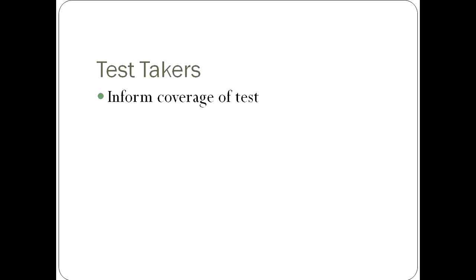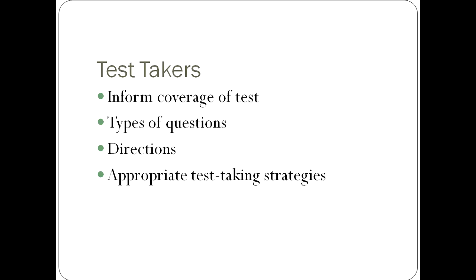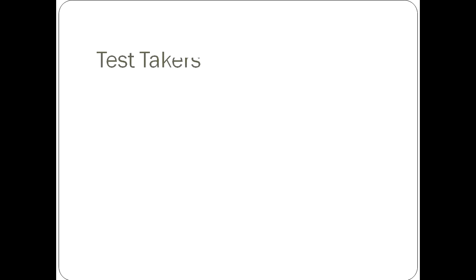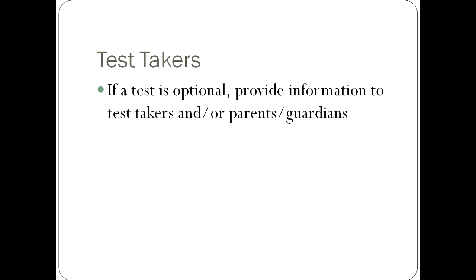Inform coverage of test, and that includes the types of questions that will be asked. Be very specific on the directions on how to take the test and appropriate test taking strategies. Also, test takers need to be told of options provided to them.